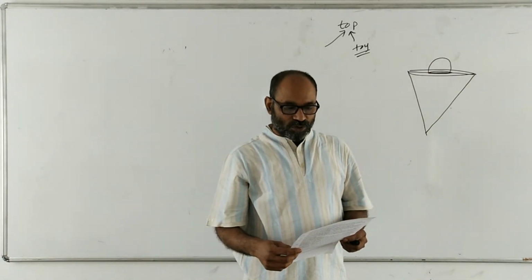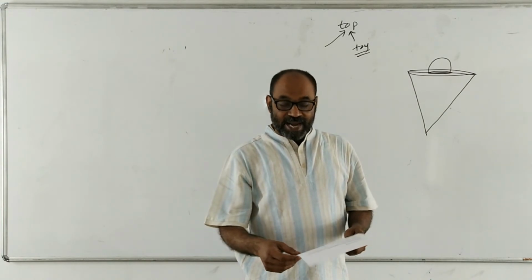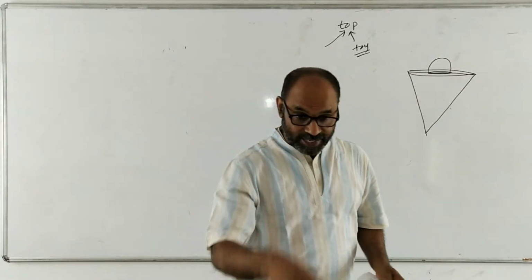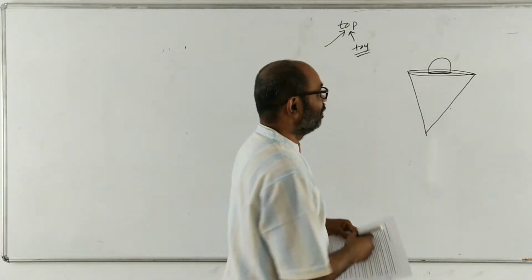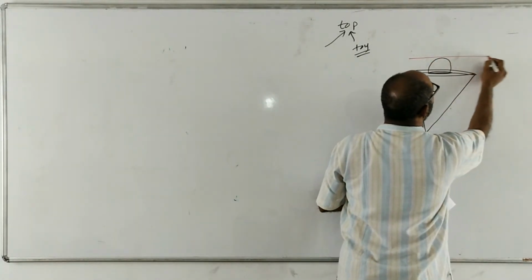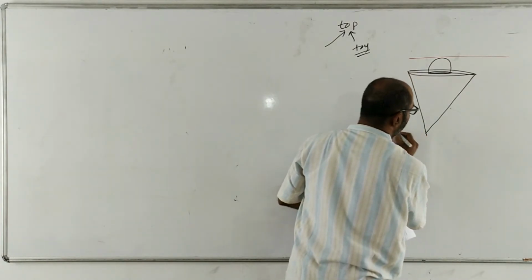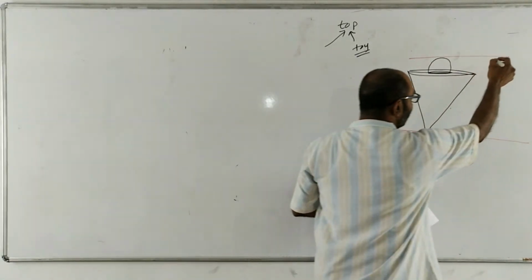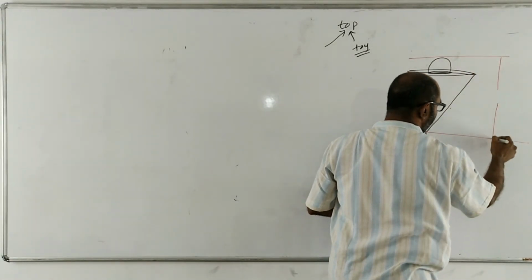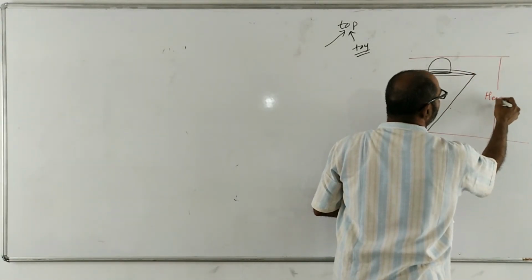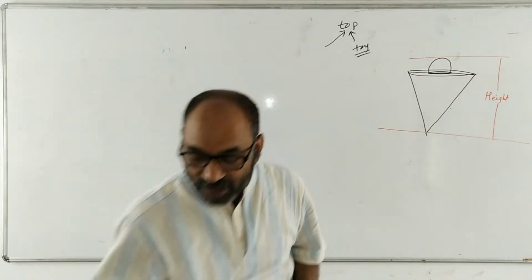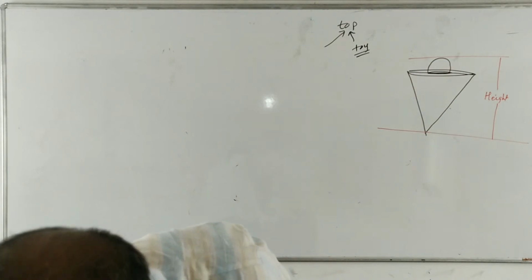The entire top is 5 centimeter in height. The entire top. That means starting from the topmost to the bottommost point. Okay? Now this is the height of the entire top. Height. I'm putting the word. Alright? I hope that is in vision.